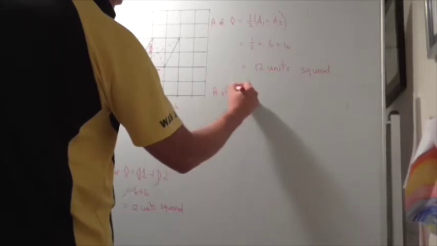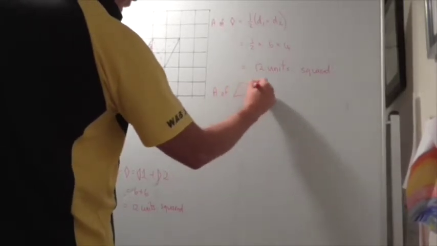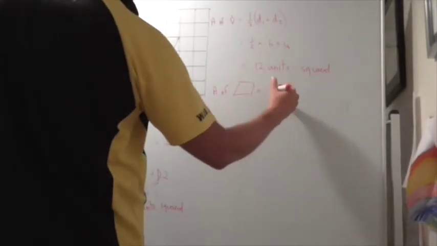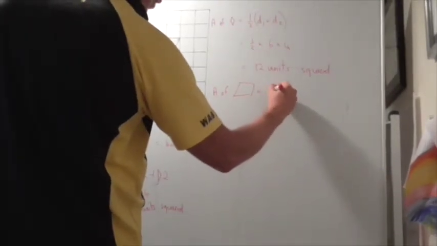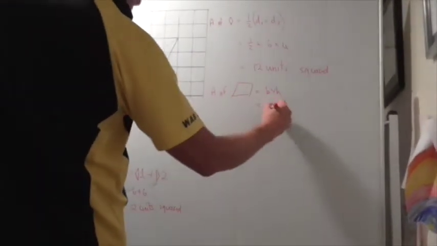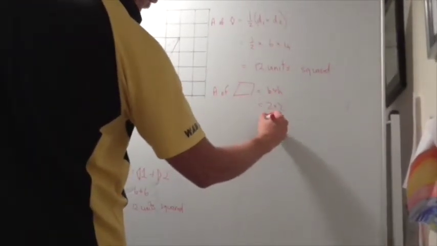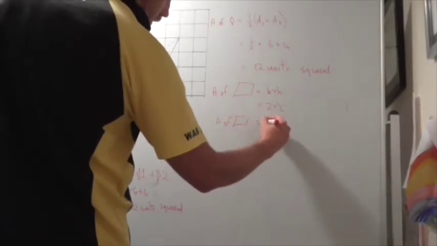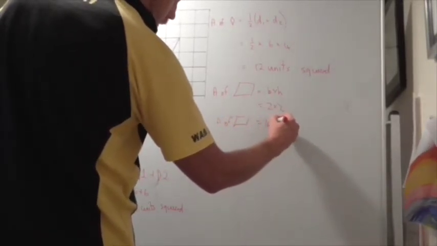So area of the parallelogram, or the rhombus, that's a bad rhombus, but you get the idea, equals base times height, which in this case equals 2 times 2, and the area of the rhombus equals 4 square units.